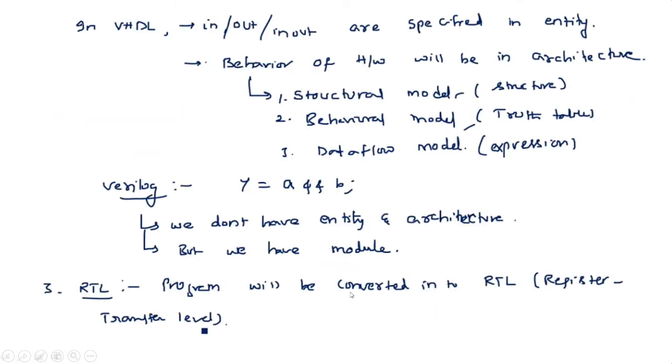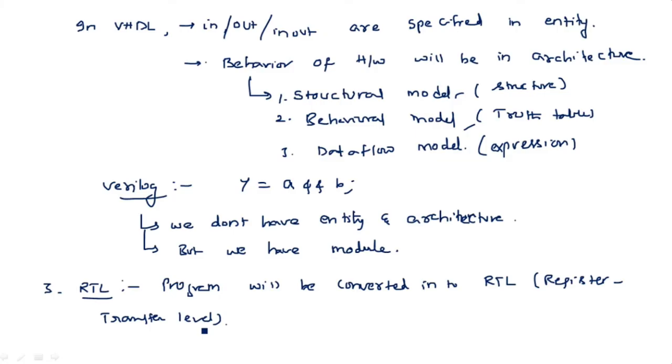And in VHDL, inputs, outputs and inouts specifically we need to declare in the entity, and the behavior for the hardware will be done in the architecture. So we can describe the behavior of the hardware by using three modelings. One is structural modeling, then behavioral modeling.